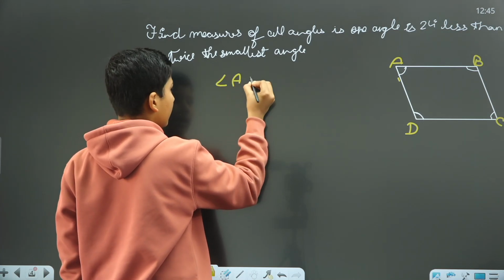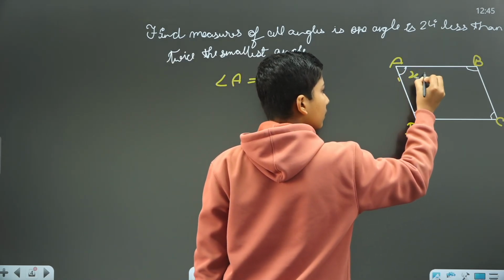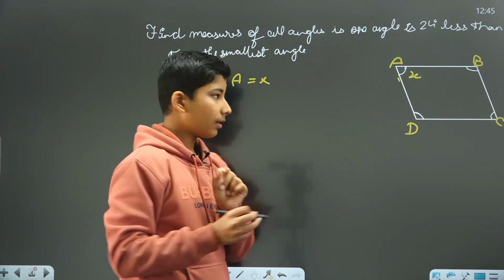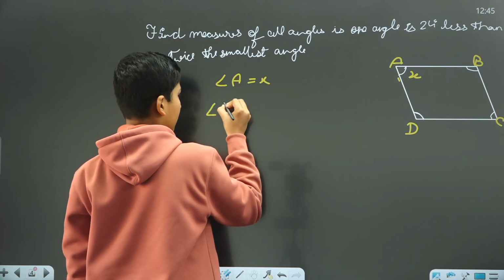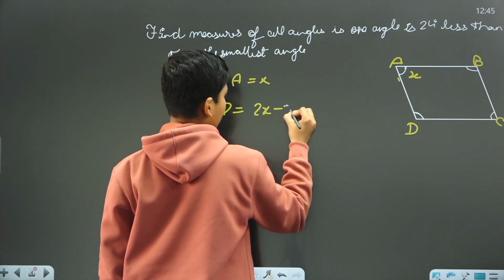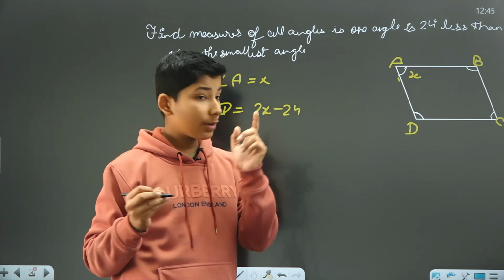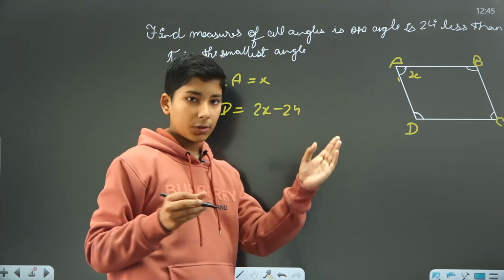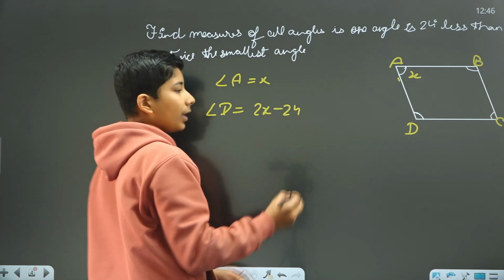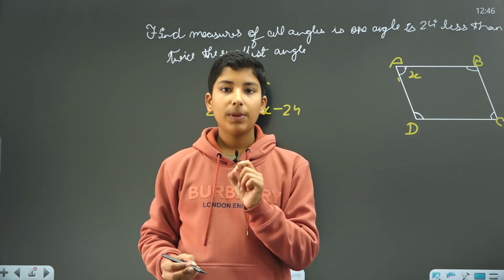Angle A equal to x, we will let it be x. So this angle will be 24 less than twice of x, meaning angle D equal to 2x minus 24. 24 less than any angle, meaning minus 24. Okay, so 2x minus 24 we have named it. We know the sum of adjacent angles in a parallelogram will be 180 degrees.